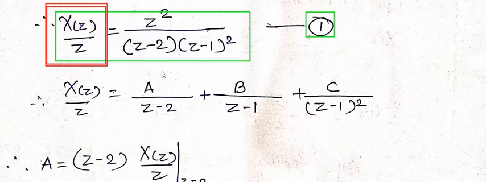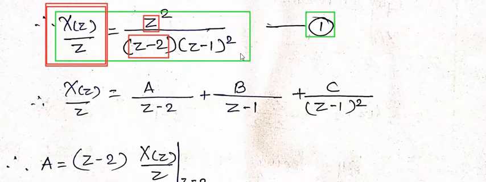This is the special case of a repeated pole. If someone wants to find the poles and zeros, in this case there will be two zeros at the origin, and one pole at z equal to 2.